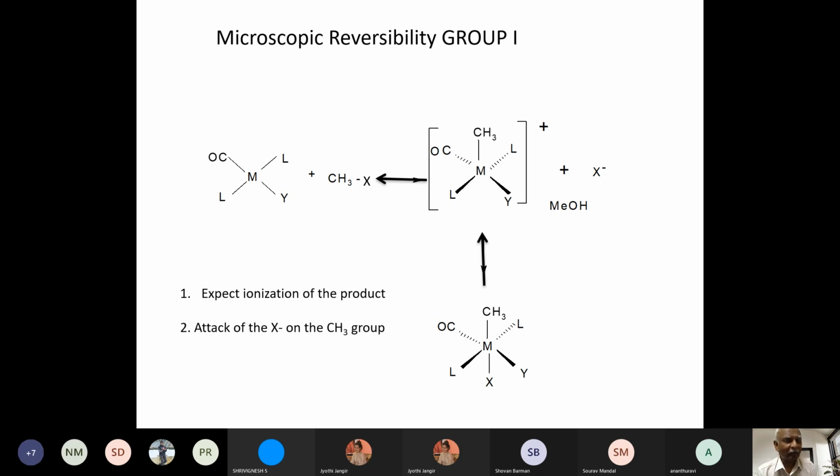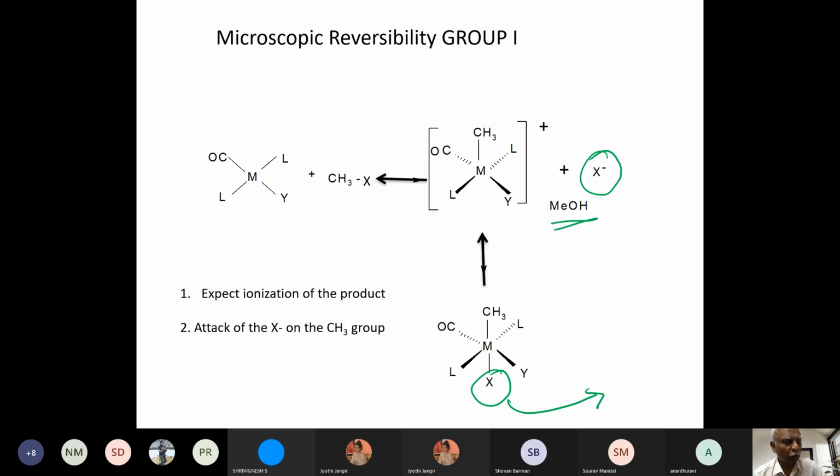Before I do that, I will just tell you one more thing. Imagine why this is so difficult, reductive elimination of the same species. We looked at oxidative addition of methyl halide across Vaska's complex. Now, if the same thing has to go in the reverse direction, first the X minus has to come out. This is the X minus coming out, so this has to leave.